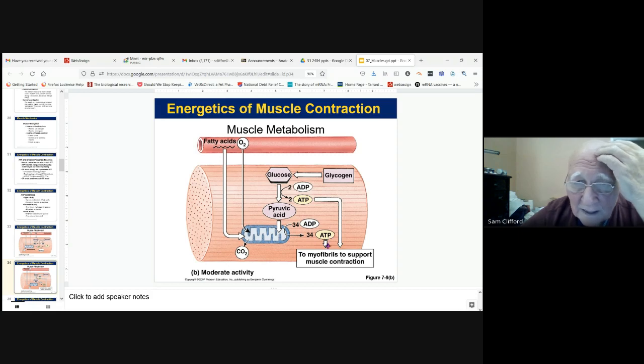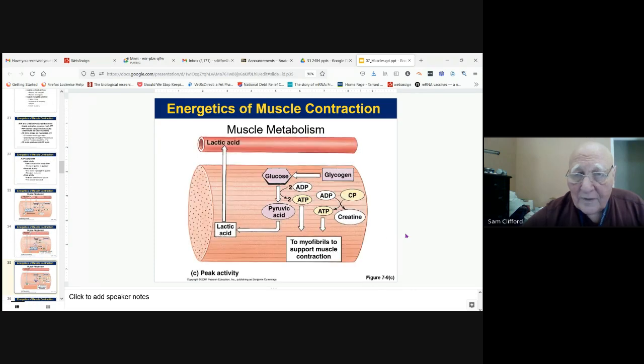So all of this ATP comes from glucose being produced by breaking down of glycogen from the liver. And you can have also fatty acids contributing. CO2 is released, and you have this large buildup of ATP.